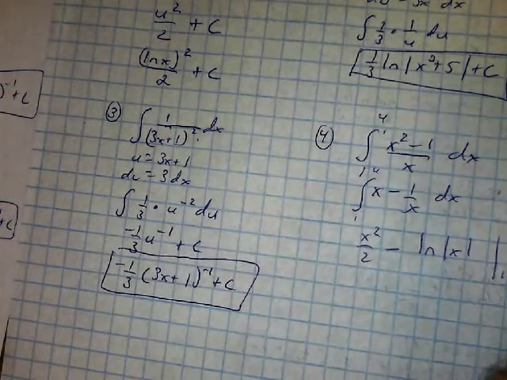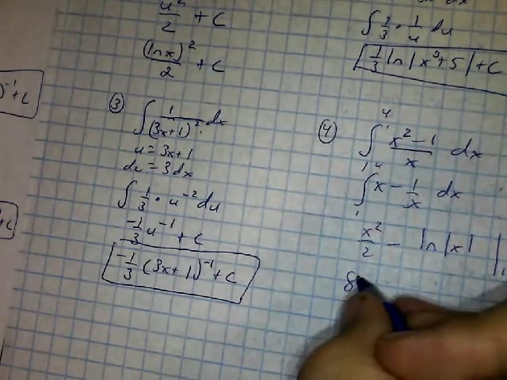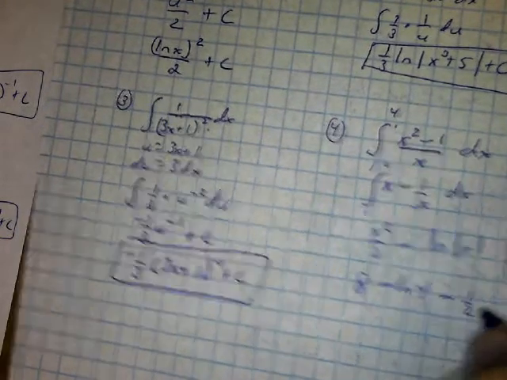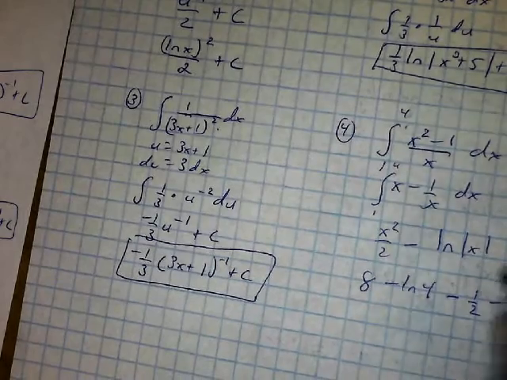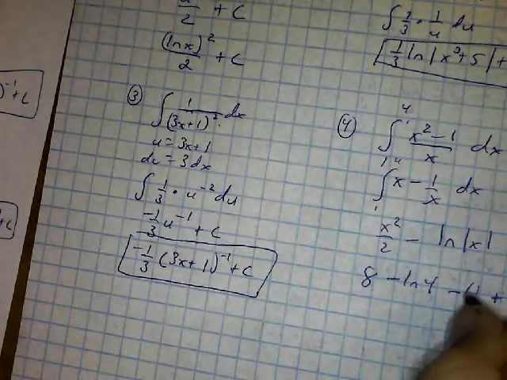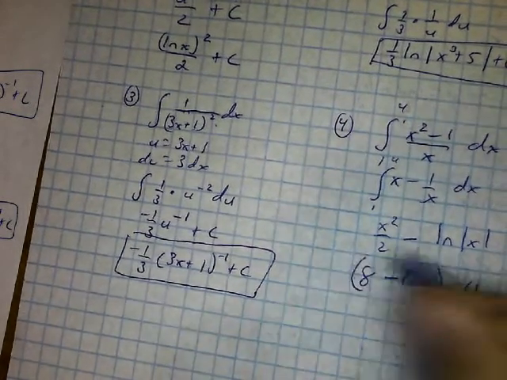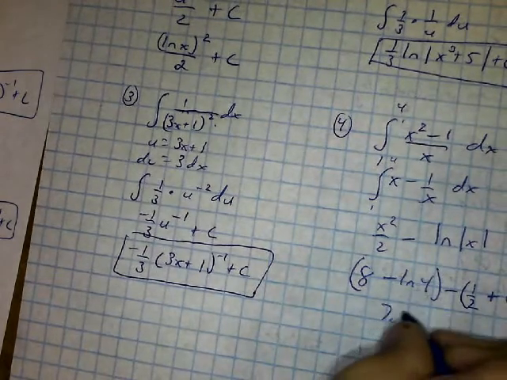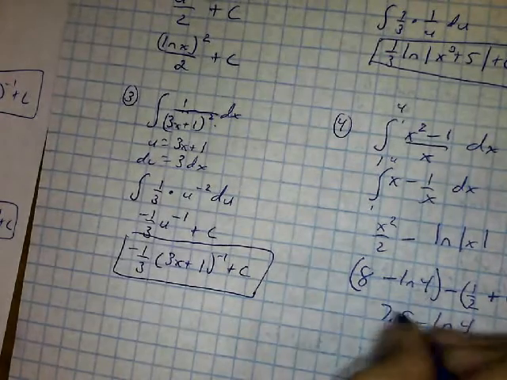You plug in 4, you get 8 minus natural log of 4 minus 1/2 minus 0. So it's just 7.5 minus natural log of 4.